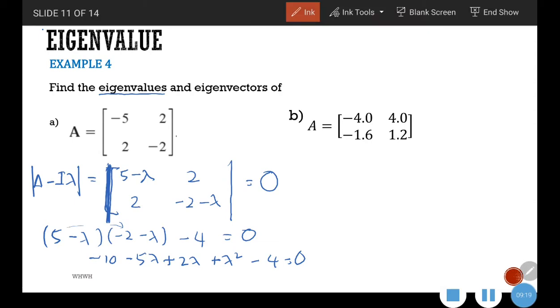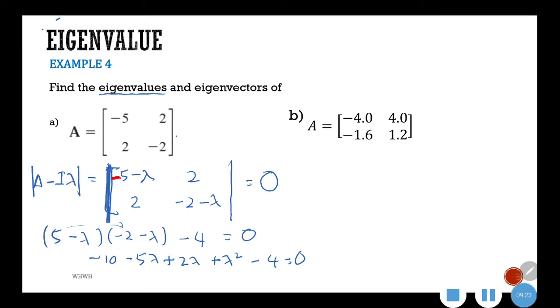Oops, careful class. I just noticed I made a mistake here where I missed a negative sign in front. It's -5 minus lambda, 2, 2. Things like this happen sometimes to us humans. So -5 times -2 should be positive, plus 10.